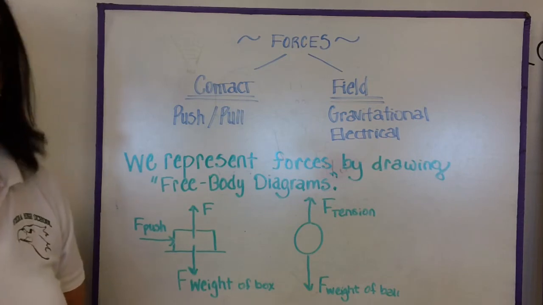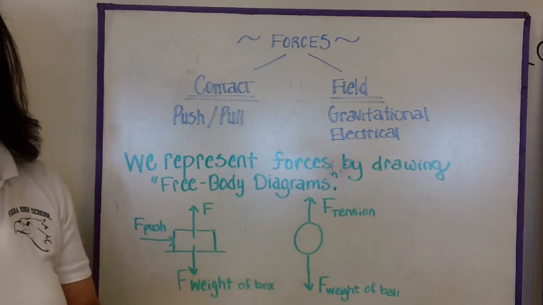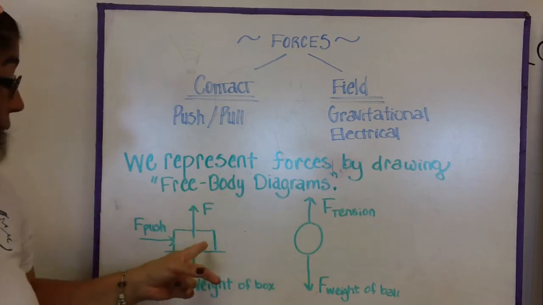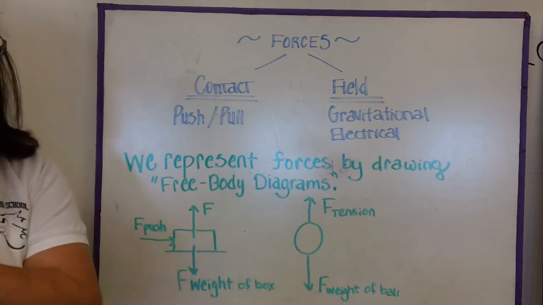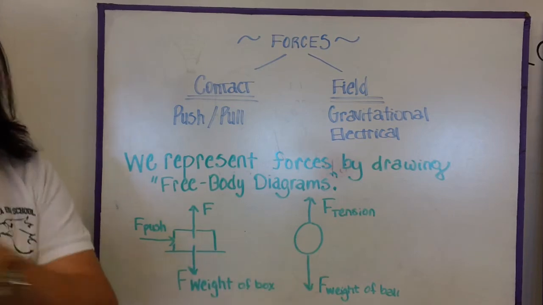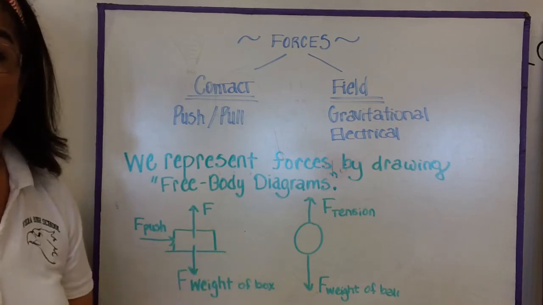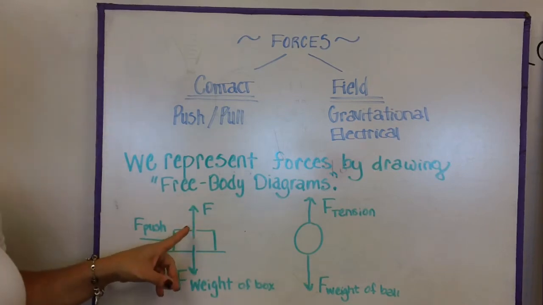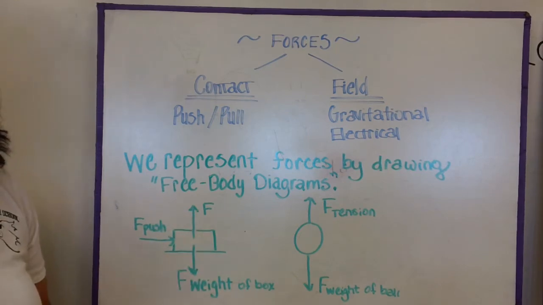If it's a box, the box becomes a rectangle. Right now, we're going to assume that everything has uniform density, and so it acts the same as if it was a symmetrical box, or in this case, a symmetrical ball. Now, the objects truly are not a square or a circle, but we're going to assume that they are. So we're going to draw the forces on these objects using arrows, in the direction that the force is acting.